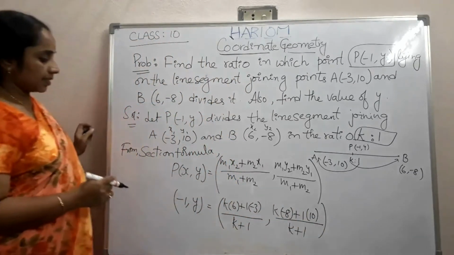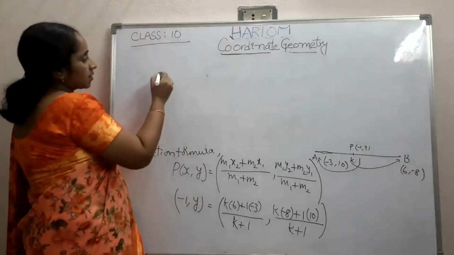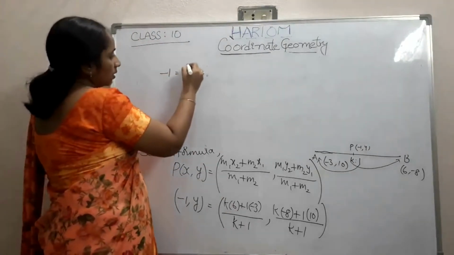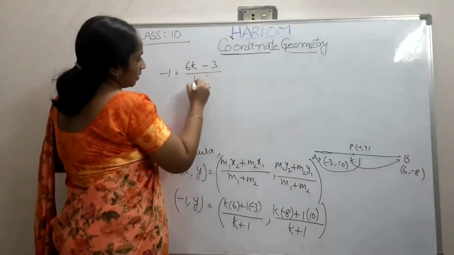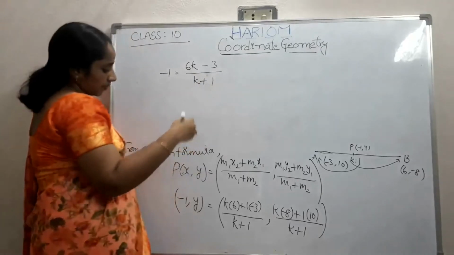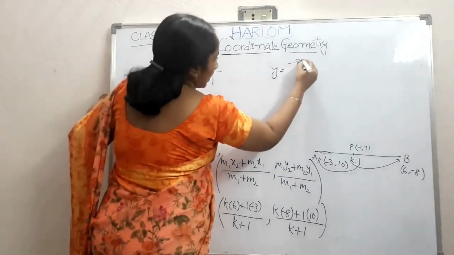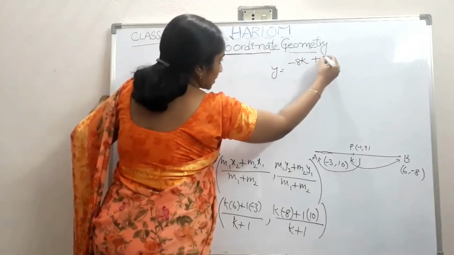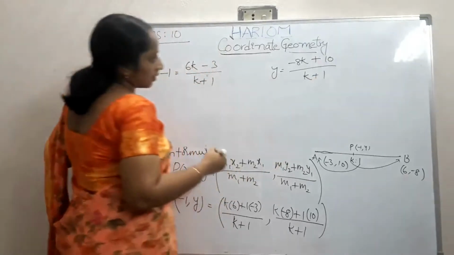Now minus 1 is equal to 6k minus 3 by k plus 1, and y is equal to minus 8k plus 10 by k plus 1.